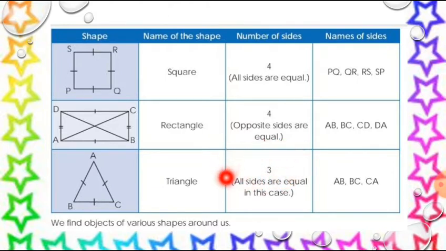The feature of this triangle is all the sides are equal because the same stroke is drawn on all the sides. Now name them AB, BC and CA. These are the names of the sides.